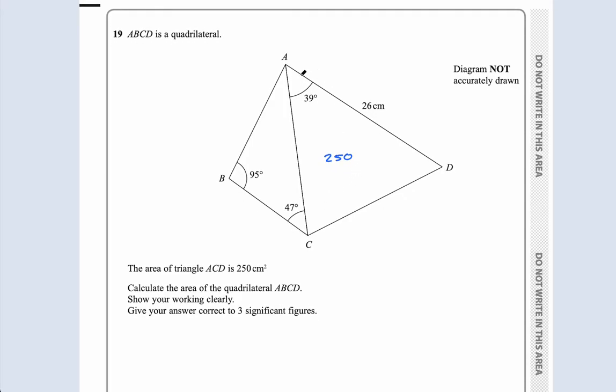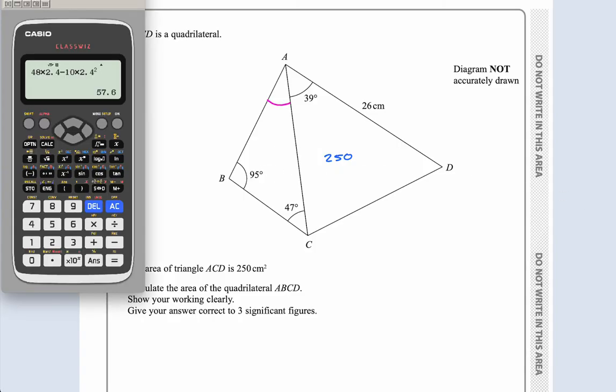Okay, so I need to find the area of this triangle. So it kind of is an area of a triangle question. First thing I can definitely calculate straight away is this angle. It's just 180 minus 95 minus 47, which is 38.